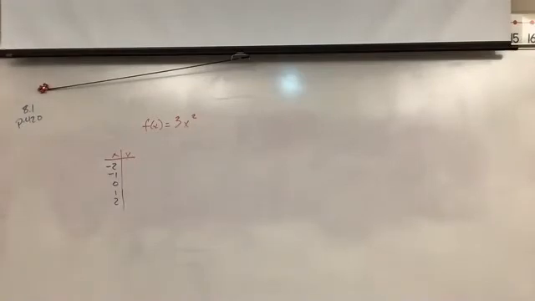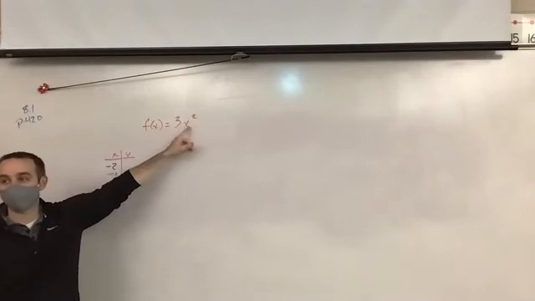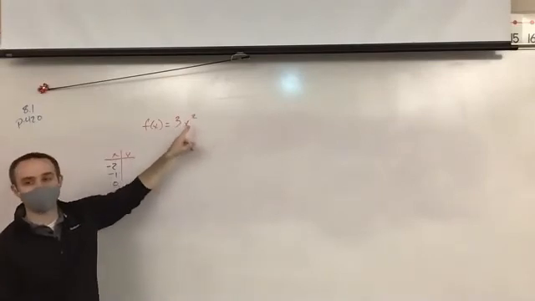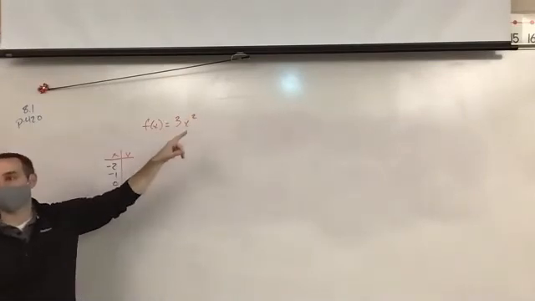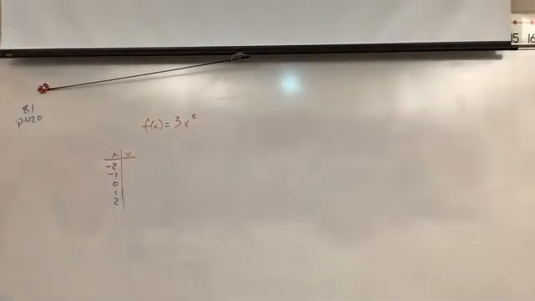If I plug in a -2, am I going to multiply the 3 times the -2 first, or am I going to do -2 squared first? -2 squared. Gotta do the exponent first, right? And then multiply. Make sure if you're going to use a calculator, you're putting that in parentheses if it's a negative. Anytime you plug in a number, it's got to go in parentheses.